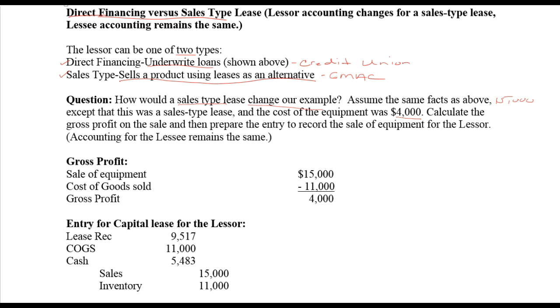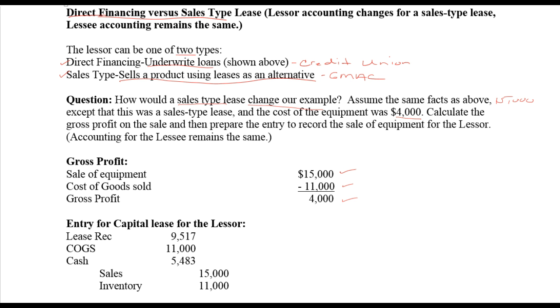Let's calculate the gross profit on this sale and prepare the entry to record this sale so you can see how the accounting changes. First of all, we're going to record a sale on our books of $15,000, have a cost of goods sold of $11,000, and that would equal gross profit of $4,000. Let's see how our journal entry is affected by this.